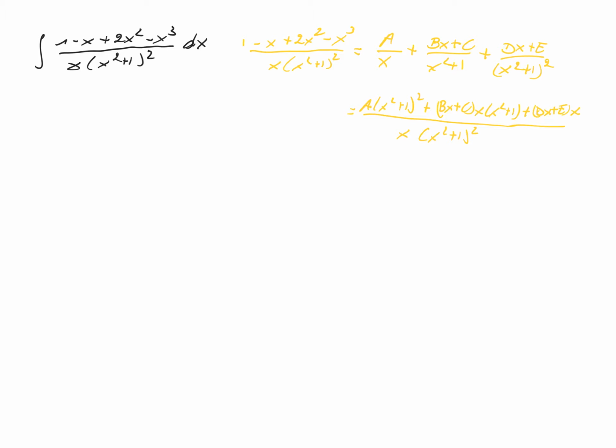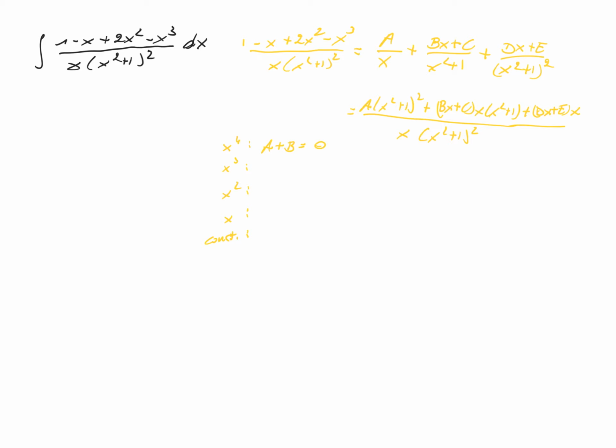If we then look at the set of equations that this will give us, we have up to power 4, so we have x to the power 4, x to the power 3, x squared, x and a constant term. In x to the power 4, we see that we have a plus b on the right hand side and 0 on the left hand side.